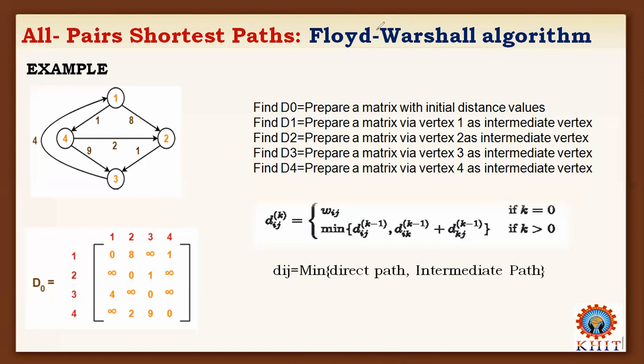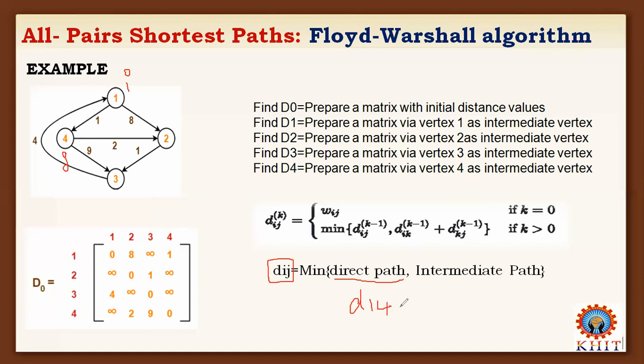So here is the formula. Find the distance from i to j. Consider i is 1 and j is 4. If you want to find the distance from i to j, you need to find the minimum of the direct path, initially. Direct path means the distance from 1 to 4, where the i value is 1 and j value is 4.